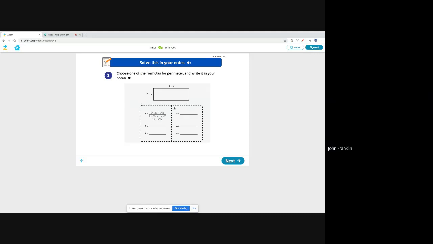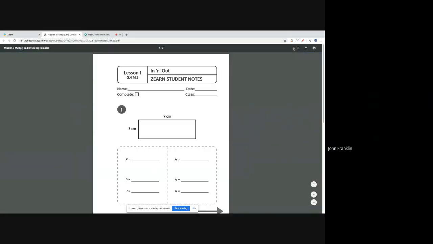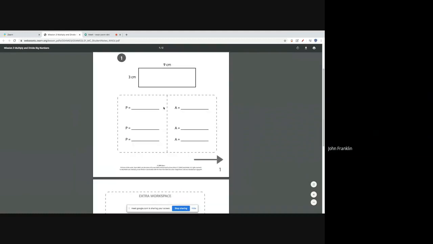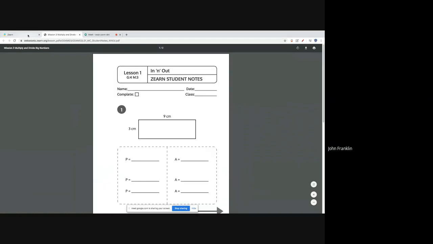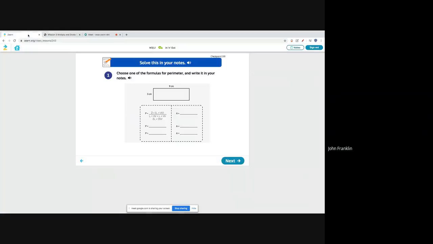Choose one of the formulas for perimeter, write it in your notes. Oh, notes. So notes are up there. Oh, okay. This would be if we had it printed out. Okay.